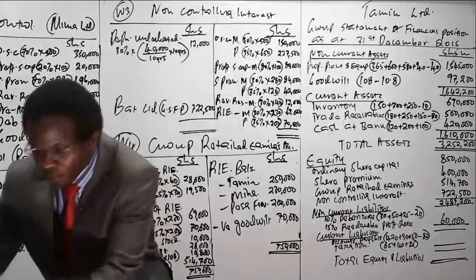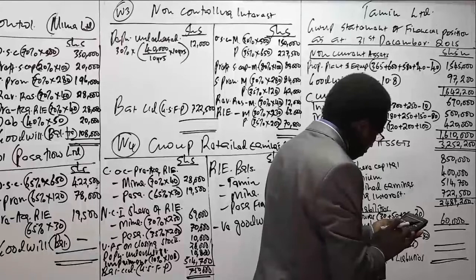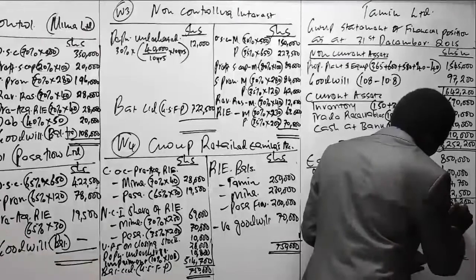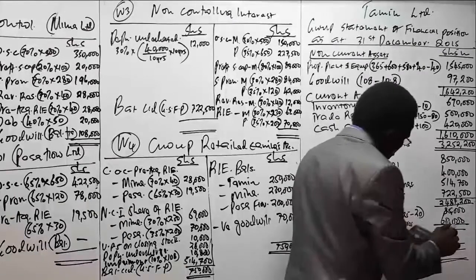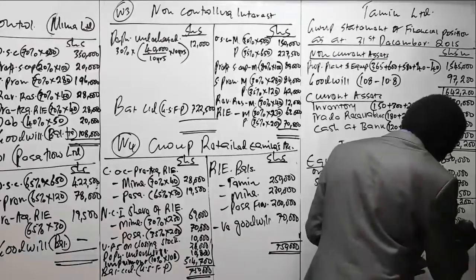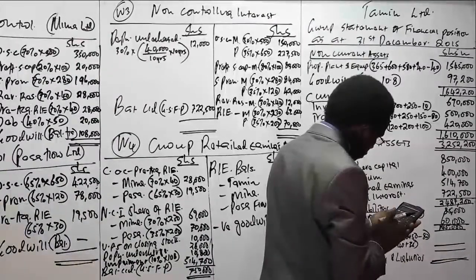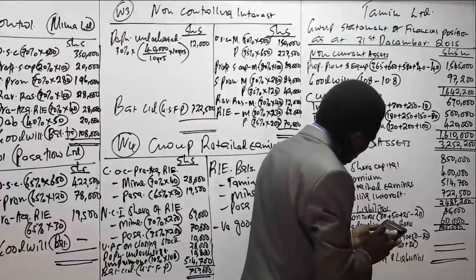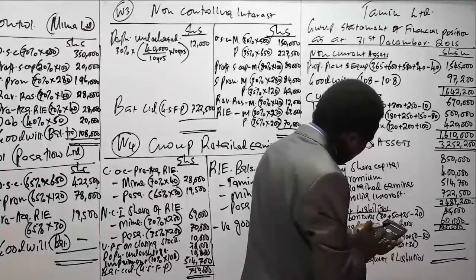So I take my calculator and say we have 30 plus 50 plus 25 minus 20. This is 85,000. I add 60. That's 145,000. Then we have 420 plus 90 plus 50 minus 80.